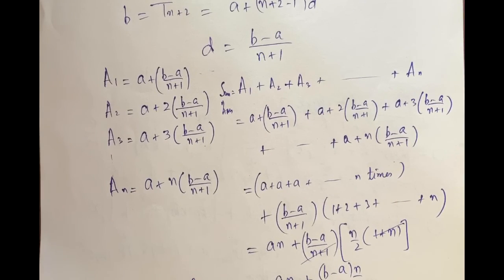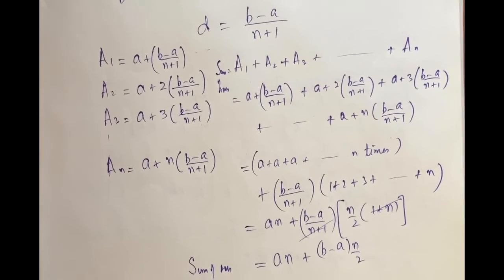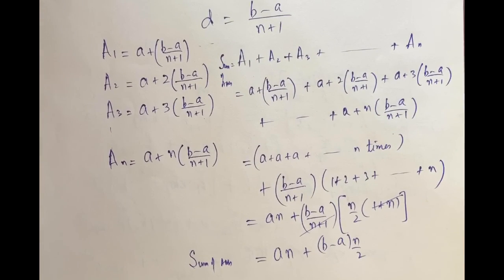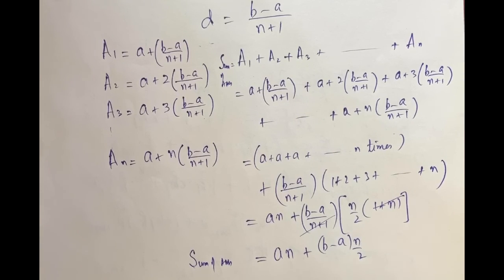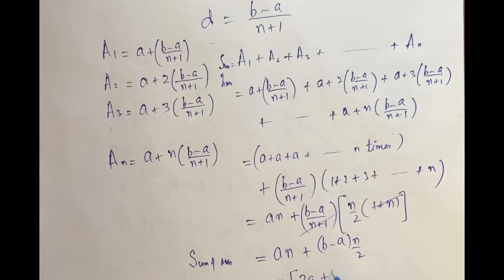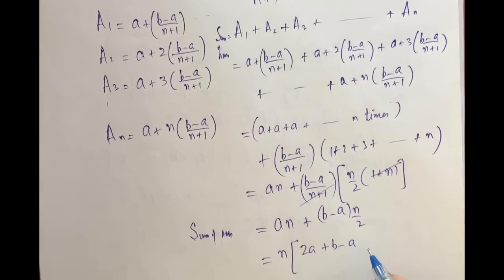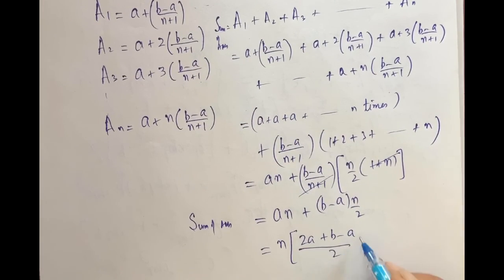So what did we want to prove? We wanted to prove that the sum of n arithmetic means is n times the single arithmetic mean. So the single arithmetic mean is (a plus b) by 2. So we take n common. It's 2a plus b minus a upon 2.